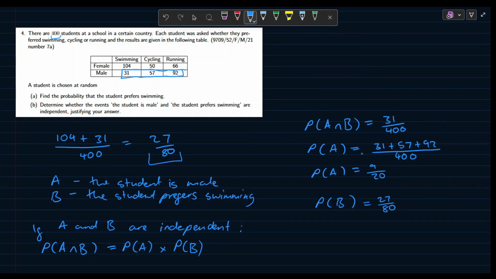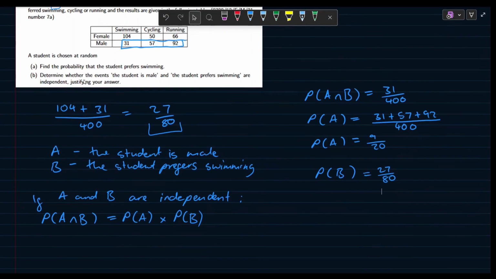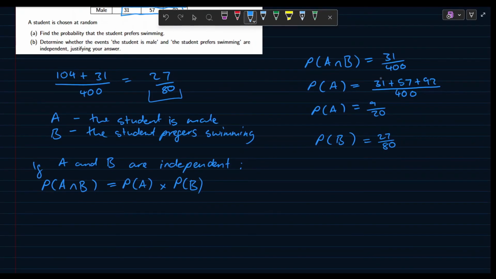Now let's check if our equation is satisfied. So the probability of the intersection, 31 over 400, must be equal to the probability of A multiplied by the probability of B. Alright, so let's check what our right hand side simplifies to.